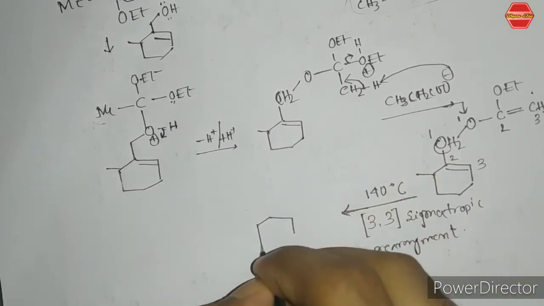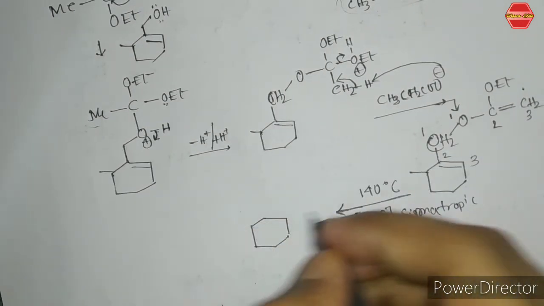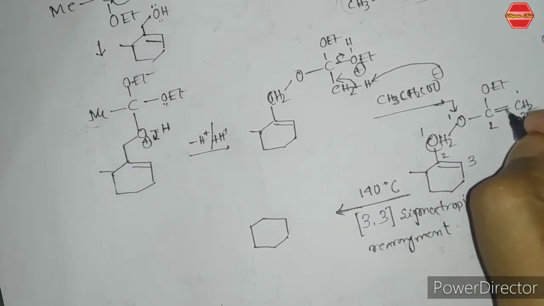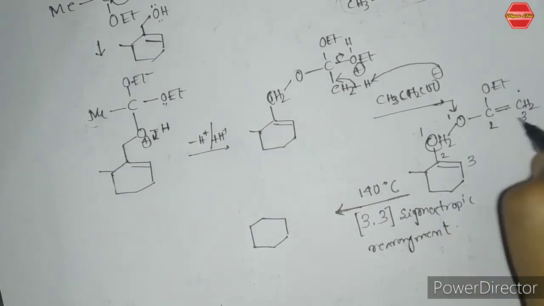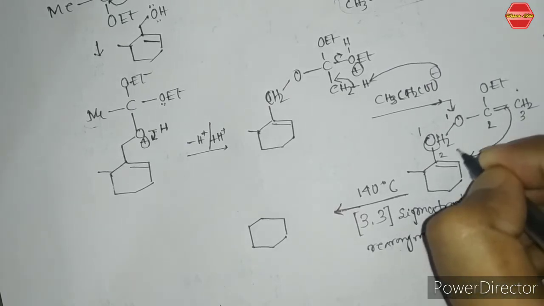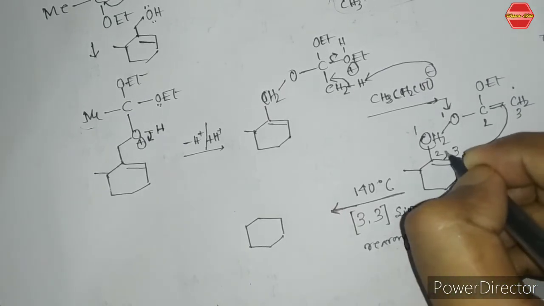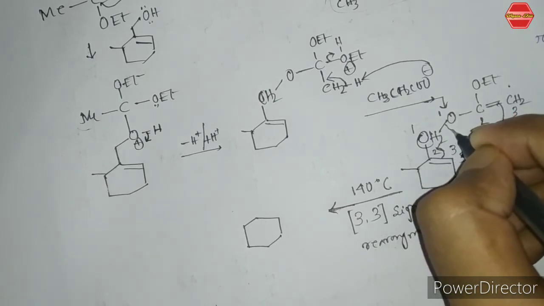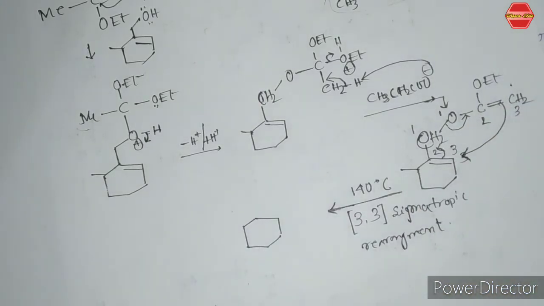So how to do it? What actually occurs here is that this double bond goes here, this is the number 3 hydrogen here, and this goes here, and this goes here.